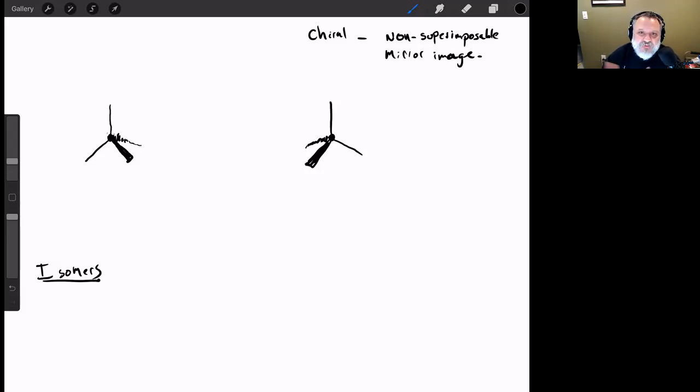Now we're starting to get into a different type of isomers. What we're talking about specifically are stereoisomers. So they have the same formula, and in this case, they have the same connectivity as well. So they have the same atoms connected to each other, but then they have a different three-dimensional structure.